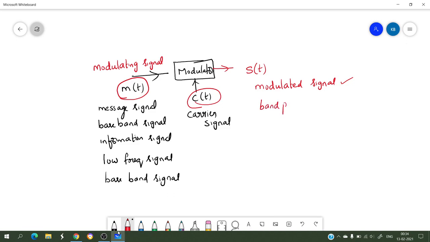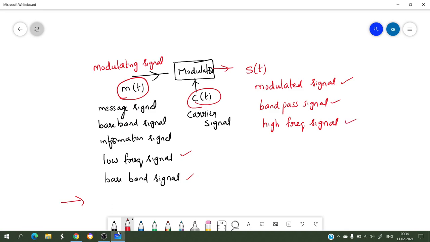It is called band pass signal and high frequency signal. Simply we can say modulation is the process of converting baseband signal to band pass signal. We can also say modulation is the process of converting low frequency signal to high frequency signal.